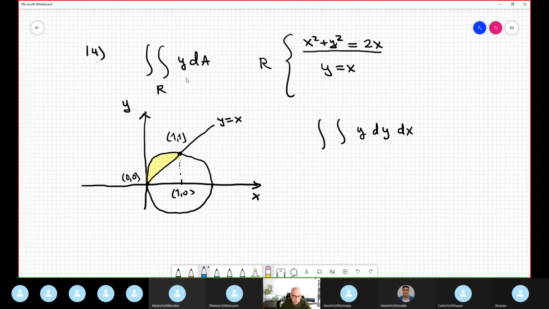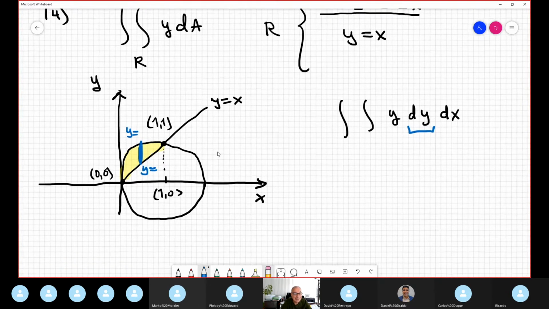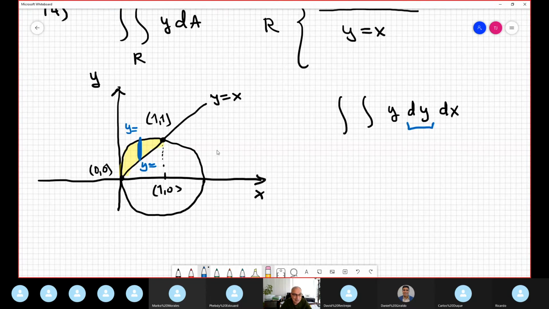Personally I like this order, so this is dy first. And y goes from y equals something to y equals something. And this something is the line, the equation for the line is y equals x.